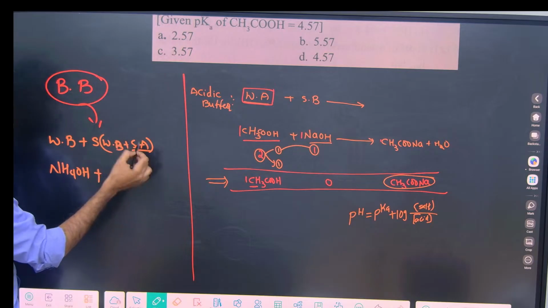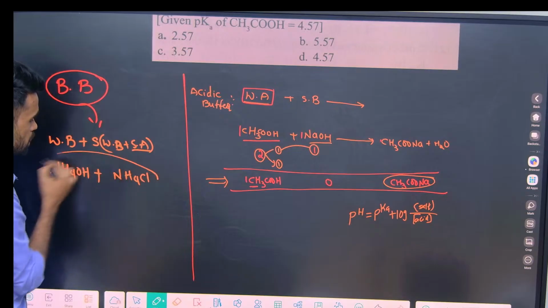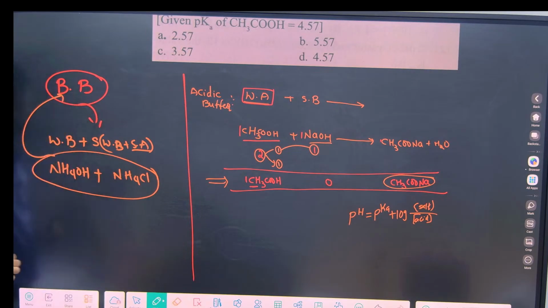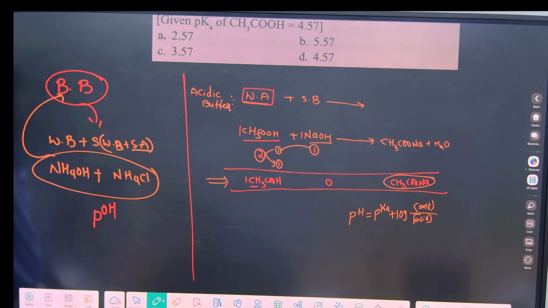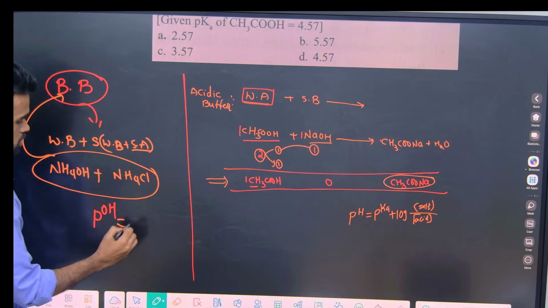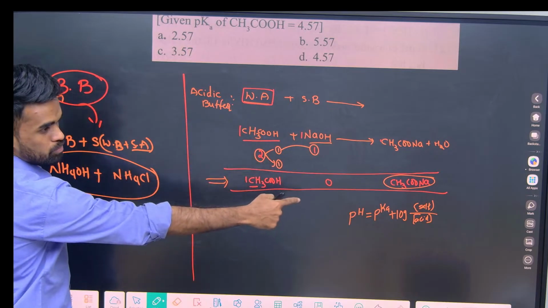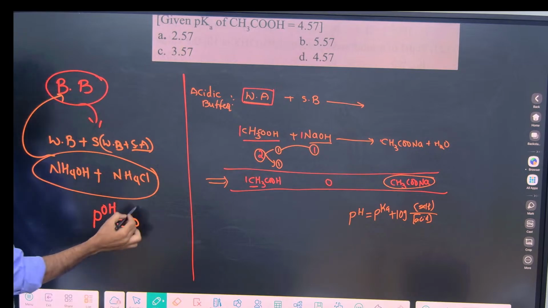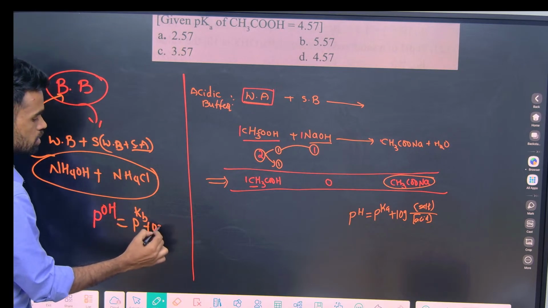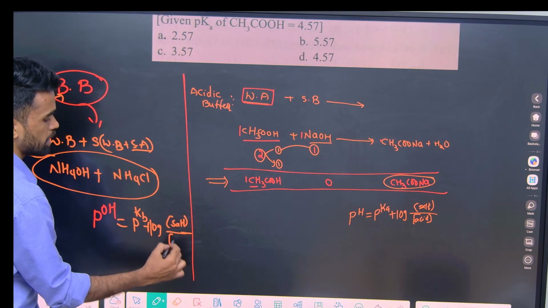NH4OH plus HCl, what are you going to get? NH4Cl. So this combination is called a basic buffer. For basic buffers, we need to calculate pOH. What is the formula for pOH? Same. For acids we have Ka, the acid dissociation constant. For bases we have Kb. So here you should take pOH equals pKb plus log of the concentration of salt by the concentration of base.